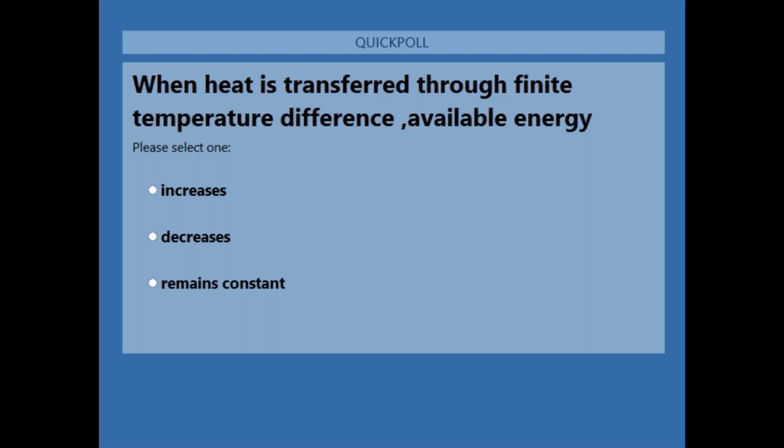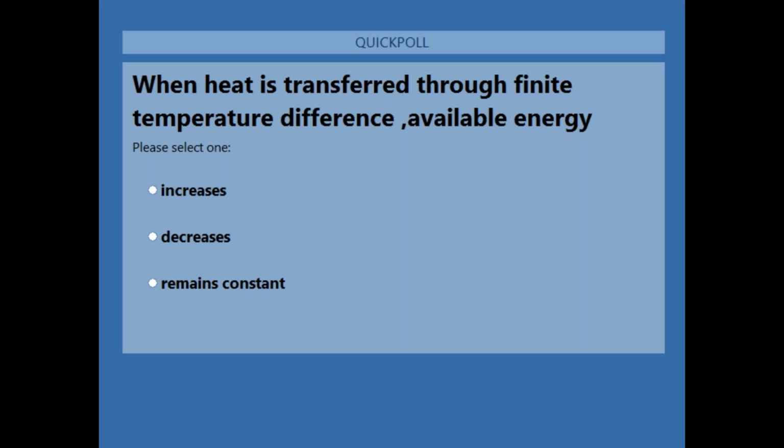So let me close poll one and share with you the results. About 80% of the students have voted so far. The question asked in the poll is about what happens to the exergy when the heat is transferred through a finite temperature difference.